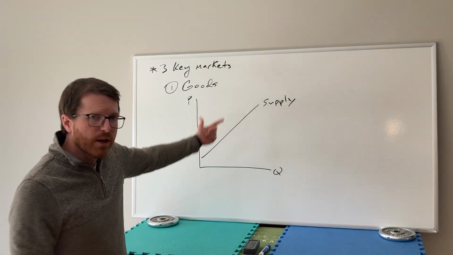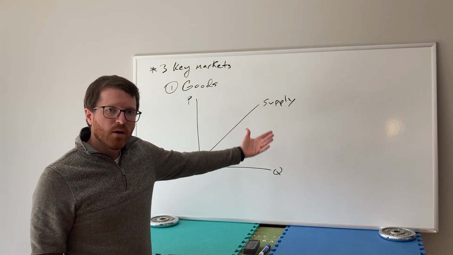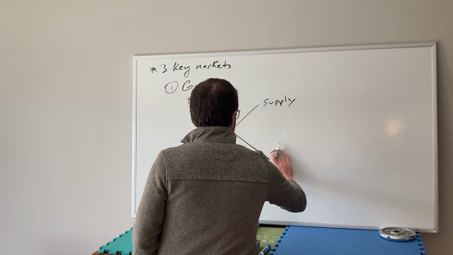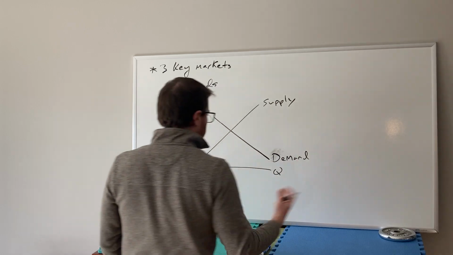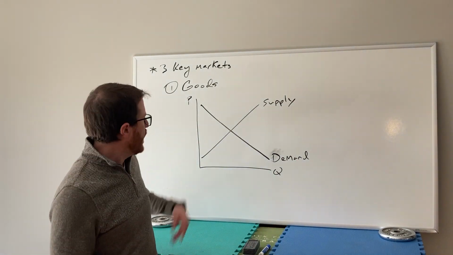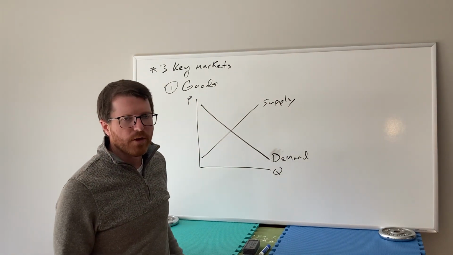That's what that positive relationship is showing us. Higher price, higher quantity. On the contrary, demand is downward sloping, because for consumers, a lower price means you're likely to buy a higher quantity, right? So as the price goes down, quantity demanded goes up.